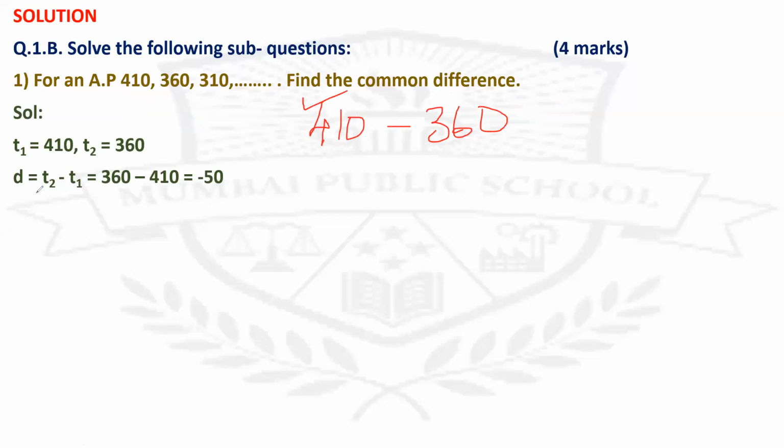I said go with the formula, may it be smaller or greater. Whatever is term 2 is only going to come second. 360 will come first, then T1 will come at the end. So you'll get 360 minus 410. The final answer is minus 50 after the calculation.